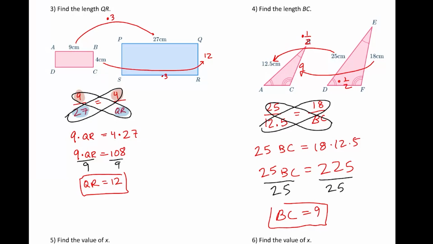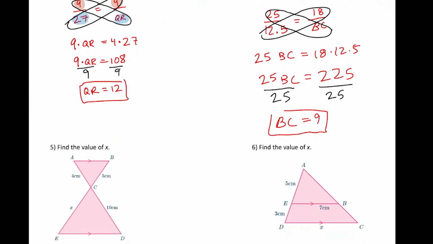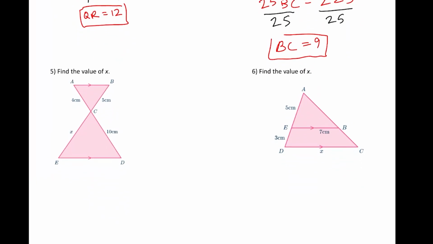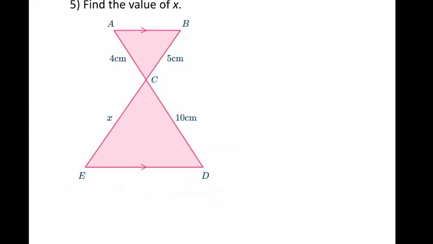All right, so I just want to show you two other examples where we have similar shapes because the corresponding sides might not be super obvious, but I want to make clear when you see these kinds of examples what you should do with them. So let's say we have one like this. If your triangles are oriented like this, where we've got two parallel lines, so like this would be parallel to this, and we've got two transversals going through them, basically just lines cutting through those parallel lines.